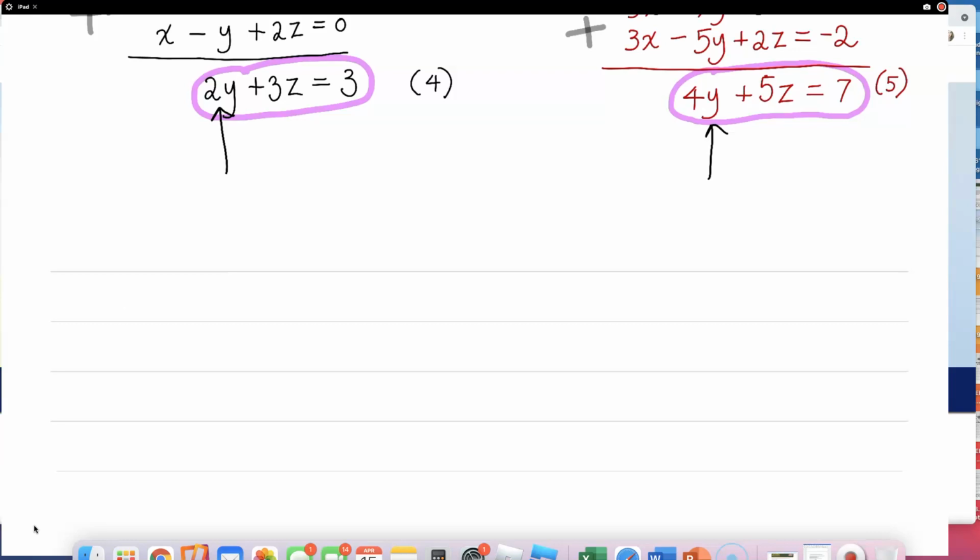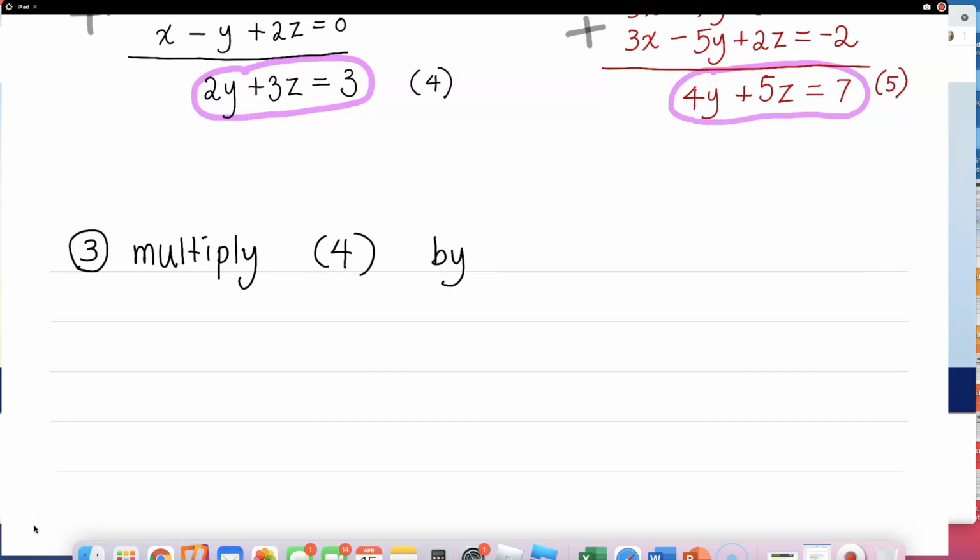So take a look. Here's my plan. Step number 3, multiply equation 4 by negative 2. And you'll see why I'm doing that. I'm going to go ahead and write negative 2 over here next to it so that you can see.